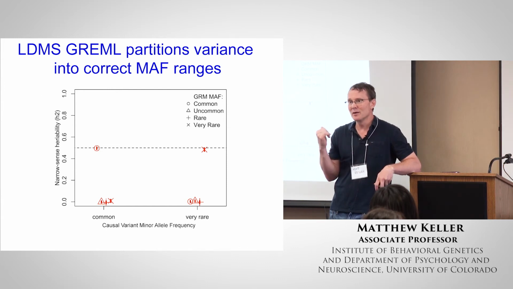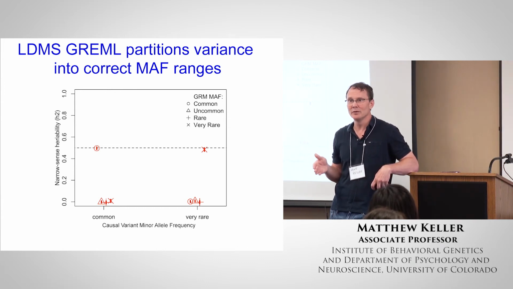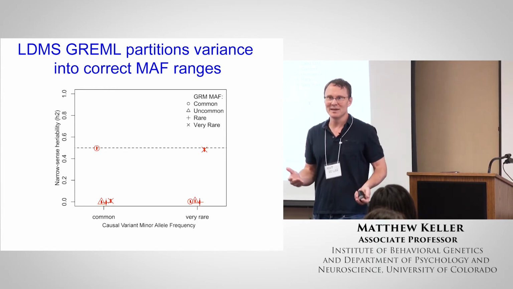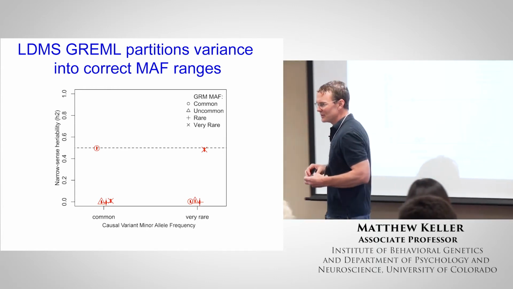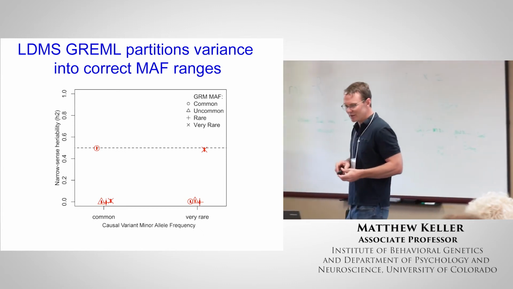And we've demonstrated in our paper that that method of LDMS, partitioning by MAF and LD, tends to be robust across a lot more violations of assumption than the LDAK method does. But there's always caveats, and so we're in the middle of doing this right now. But we'll see how this whole thing plays out.